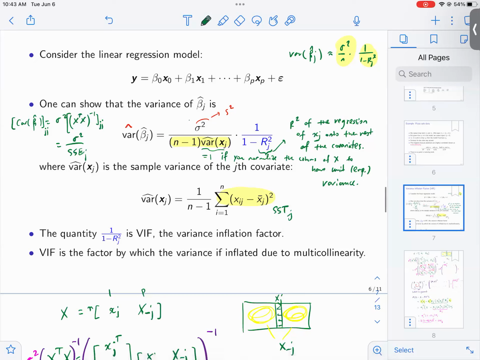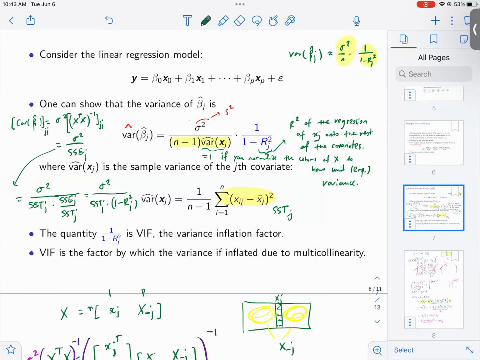Okay, so what I'm having here, I can write as sigma squared divided by, I'm going to multiply by SSTJ and then SSEJ divided by SSTJ, right? So you get sigma squared over SSTJ, and this quantity is just, what is this? It's 1 minus R squared j. Right, so that gives you the formula. So SSTJ is really this quantity that's there, and so you get that formula.